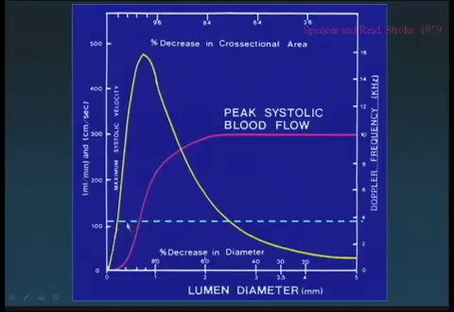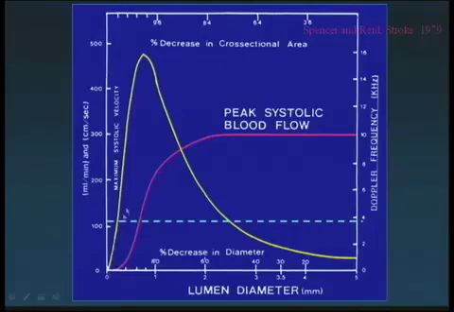But it also bisects the left end of the curve at a very, very tight stenosis. So what happens is velocity increases exponentially from about 50% to about 98%, 97%, and at that point it decreases rapidly until it reaches 0 when it's occluded.